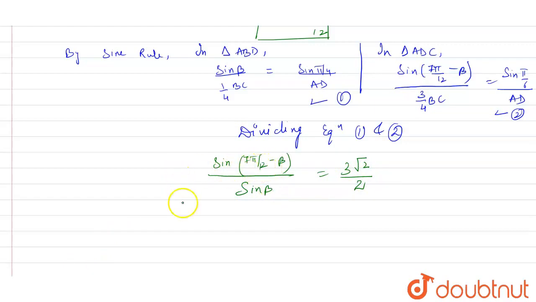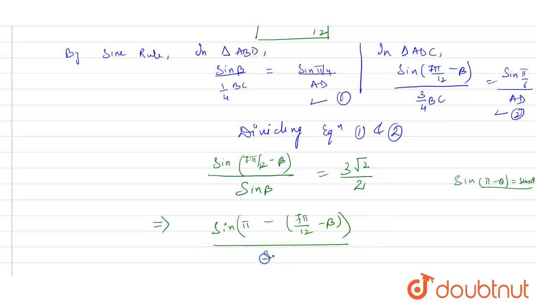After we have got this expression, we can write it as sine of pi minus (7 pi by 12 minus beta), because sine of pi minus theta will be equal to sine theta only. So this will be written as sine of pi minus (7 pi by 12 minus beta) upon sine beta is equal to 3 root 2 upon 2.